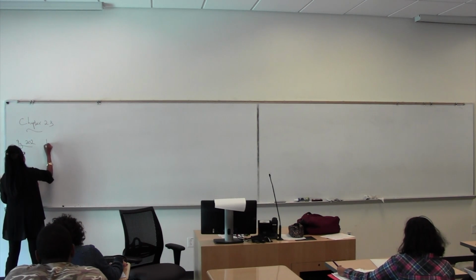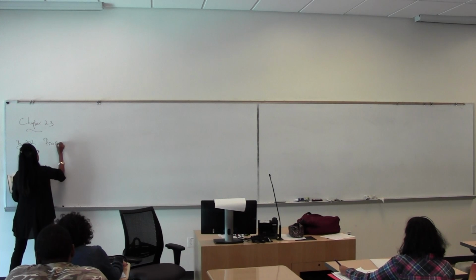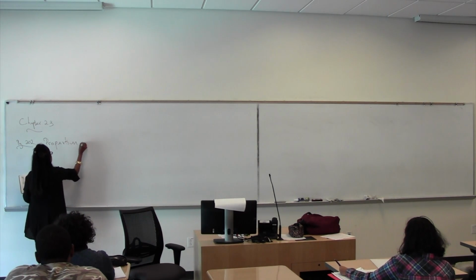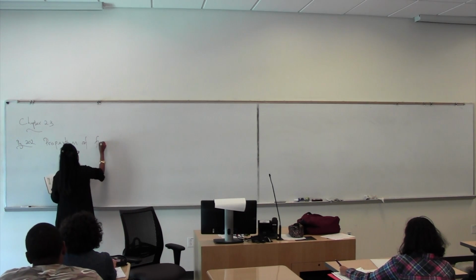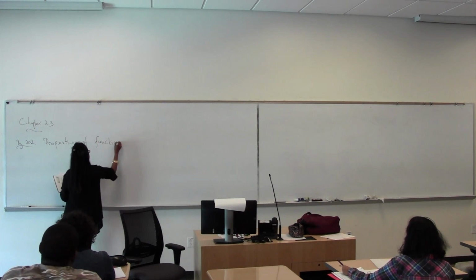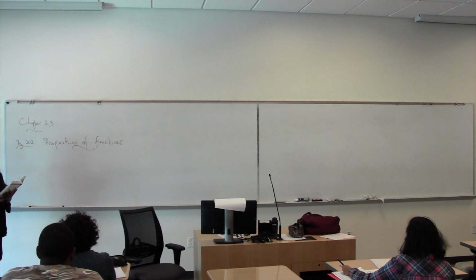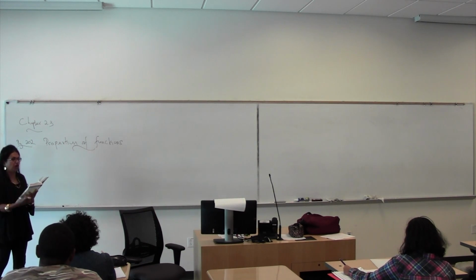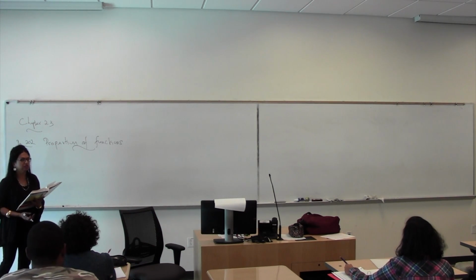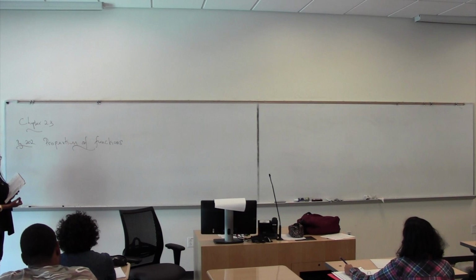Properties of functions. This is assuming whatever the graph is, it is a function. Whenever we see a graph, first we determine if it is a function or not. After we know that it is a function, we can discuss the properties of functions.